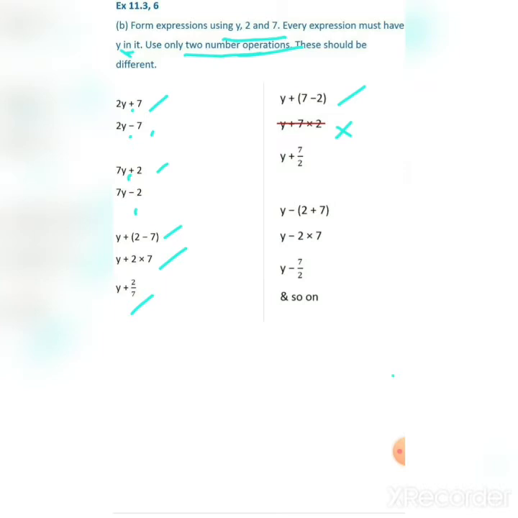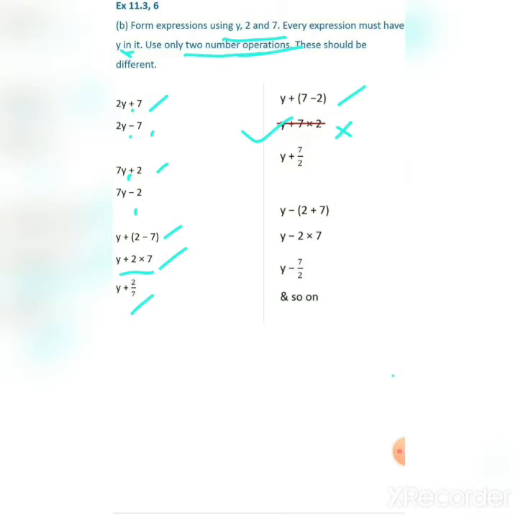Why so? What can you think about it? Because this expression is repeating again. y plus 7 into 2 is the same as y plus 2 into 7, because if we change the order of the numbers, 7 into 2 or 2 into 7, it will not change the result. 2 into 7 will be 14 only, and 7 into 2 will be 14 itself.